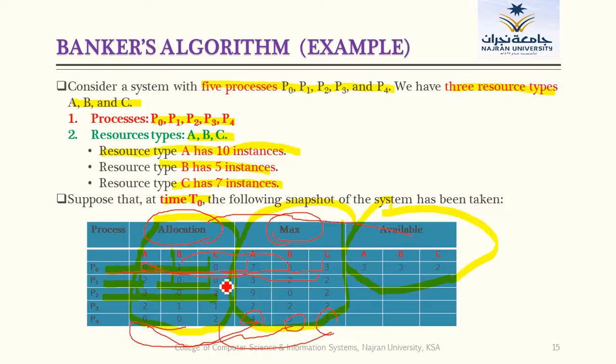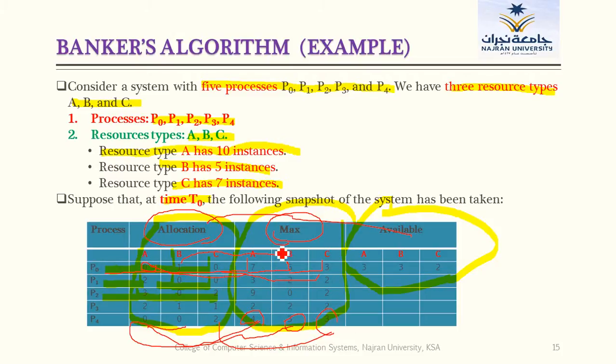Let's suppose for P0 he needs 7 instances of A, currently he holds 0, so 7 minus 0. In the need matrix P0 needs 7 instances of resource type A. In B, if you see, maximum he needs 5, currently he holds 1, so 5 minus 1 will be 4, and here 3 is the maximum need and currently he is holding 0 of C, so he needs 3.